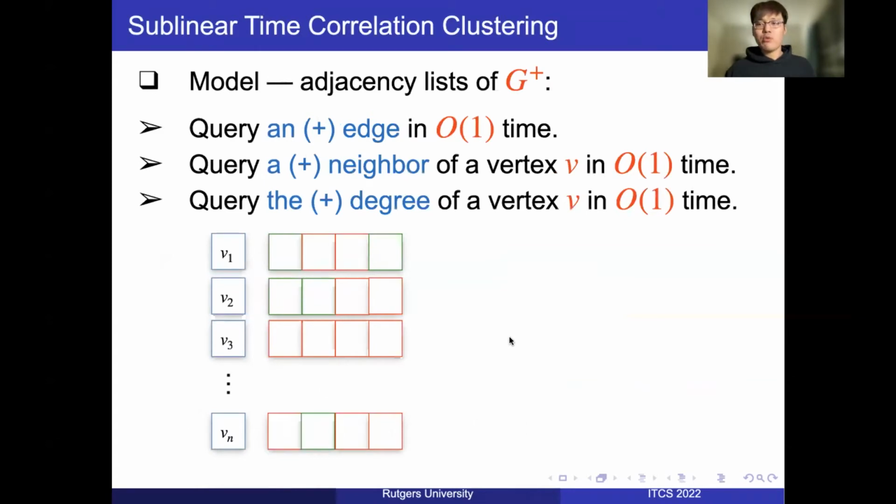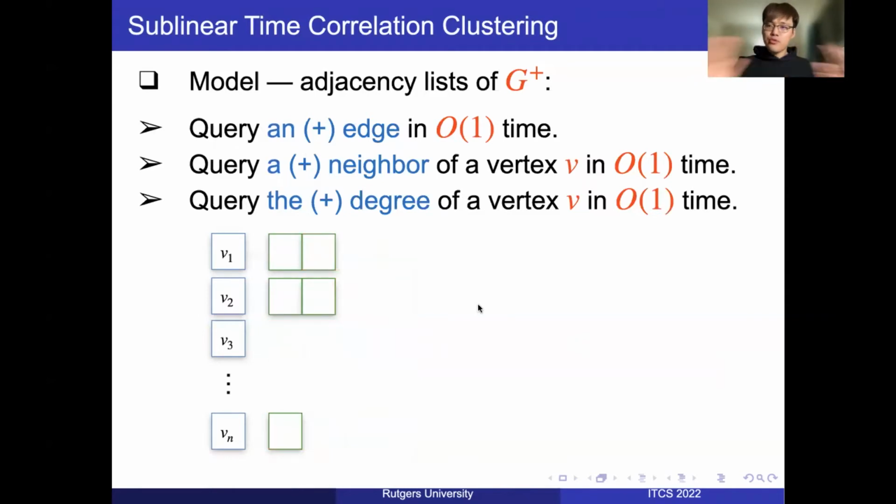To give you some more illustration, I give you the adjacency list for the original graph, and I color code the positive neighbors as green and negative neighbors as red. Now I'm going to throw away all the negative neighbors and only focus on positive ones. For a fixed vertex, we can query a positive neighbor in constant time, and we can query the positive degree in constant time.